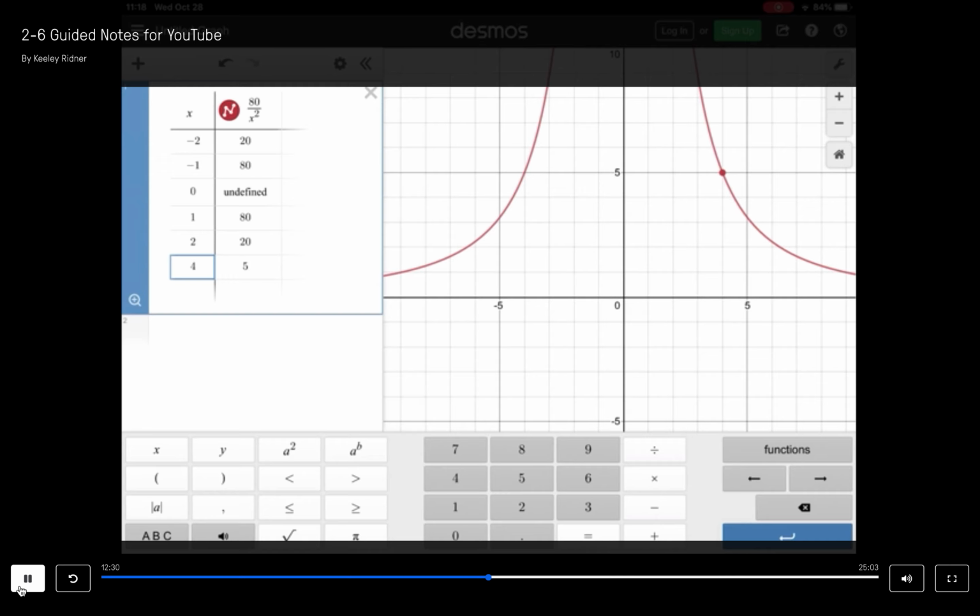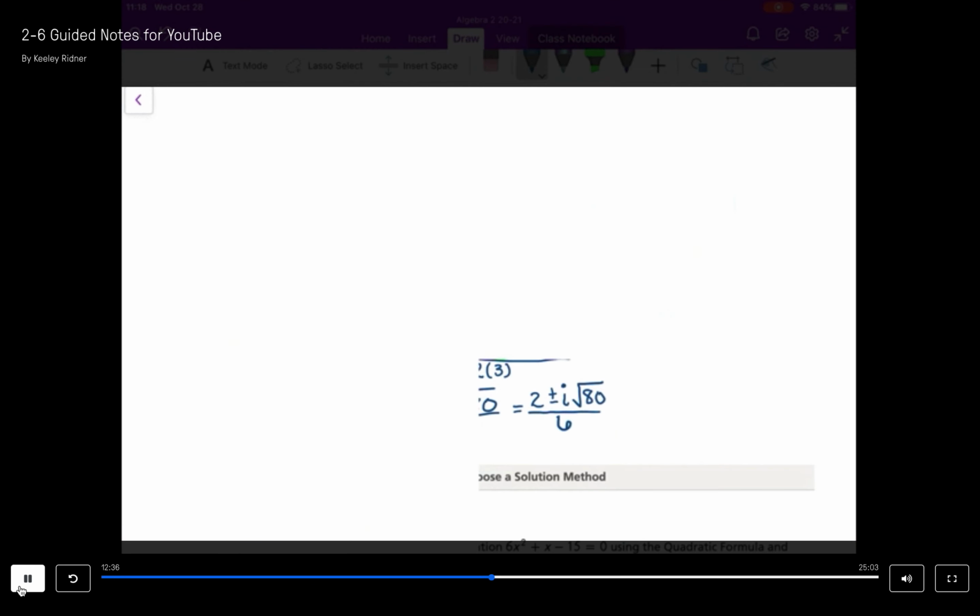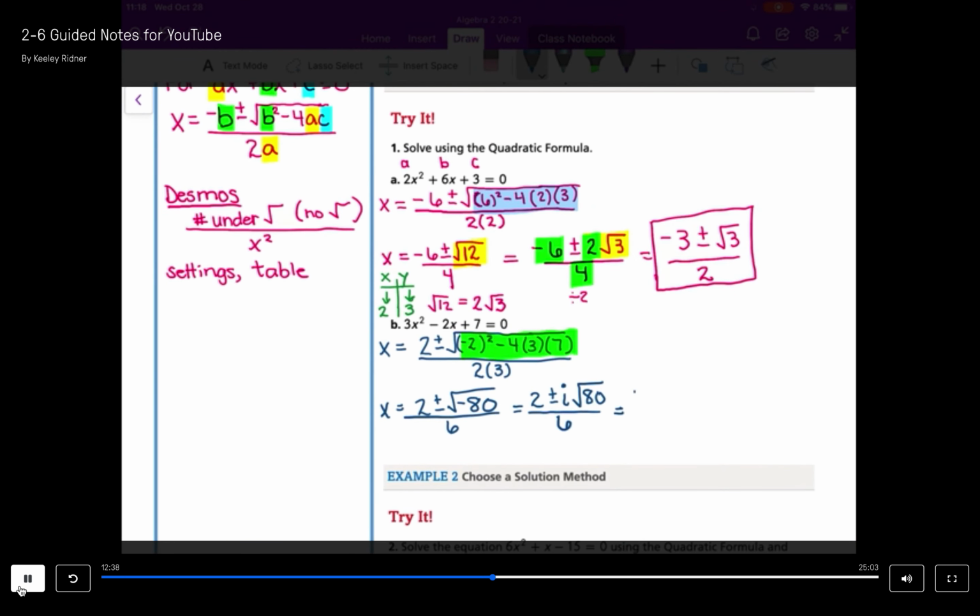So I'm going to stop there. The numbers I'm going to use are 4, 5. So this is going to simplify with a 4 outside joining the i, and a 5 staying home under the radical, as I like to word it, over 6.